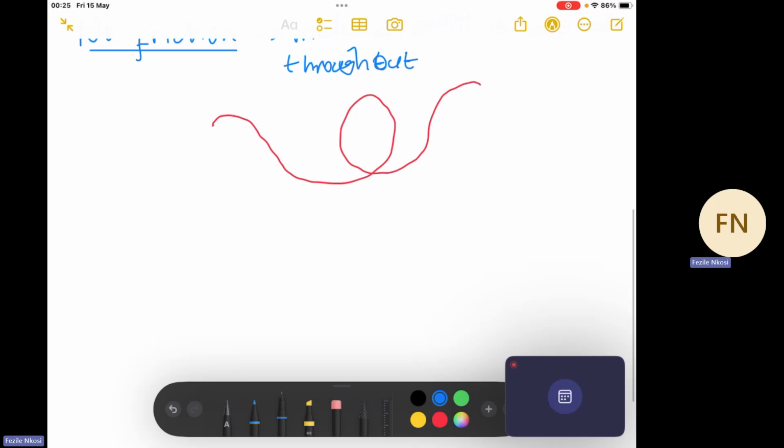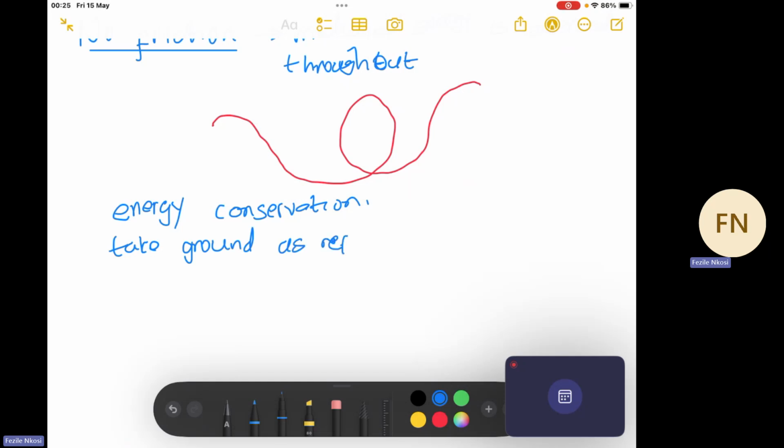So, not easy but simple, because we set up our energy conservation. Since they said there is no friction, we have conservation. What does that mean? We can take the ground as a reference level, meaning potential energy is equal to 0.